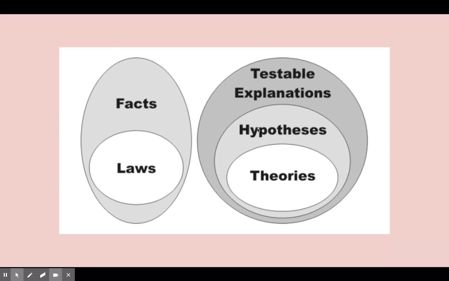Same is true over here, and hypotheses could actually be in both of these because hypotheses tested can also become laws if they have enough evidence. The difference is laws typically are mathematical. But over here on this one, this kind of looks like a deviled egg or a boiled egg. You have facts first, and as facts are supported and tested, then they can become laws.